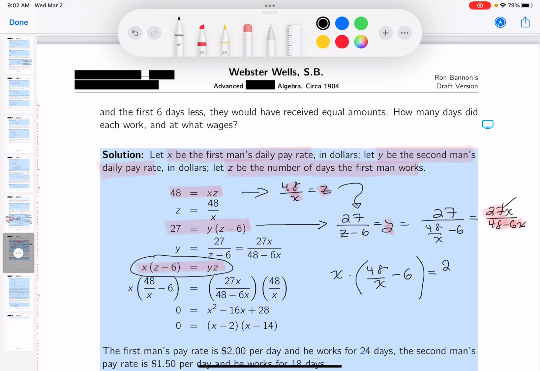So it's 27X over 48 minus 6X times the Z, which is 48 over X. All right, I'm going to point out where this is. That's right over here. This is an equation and one unknown. I'm going to go to the whiteboard to do it, though. All right? So this is going to disappear. We'll go to the whiteboard, and I'll just simply recopy.